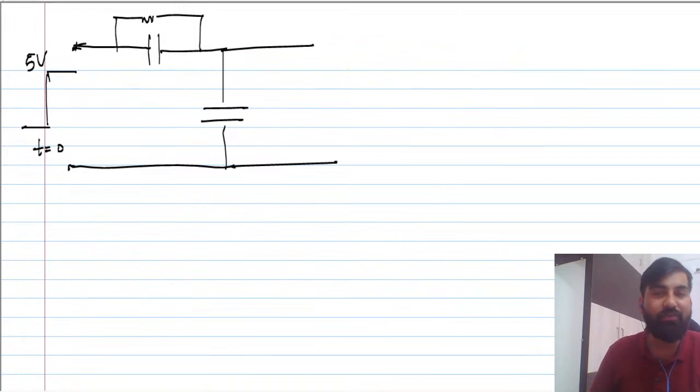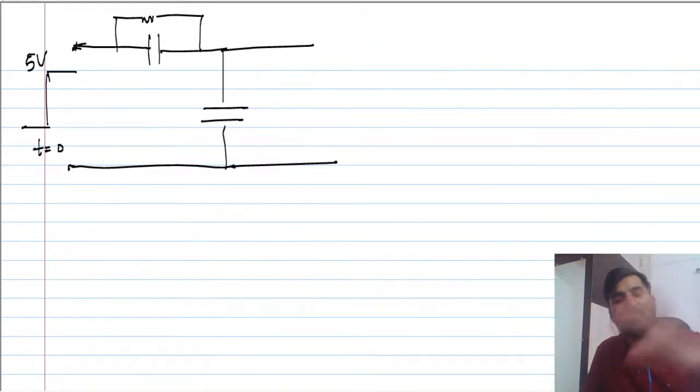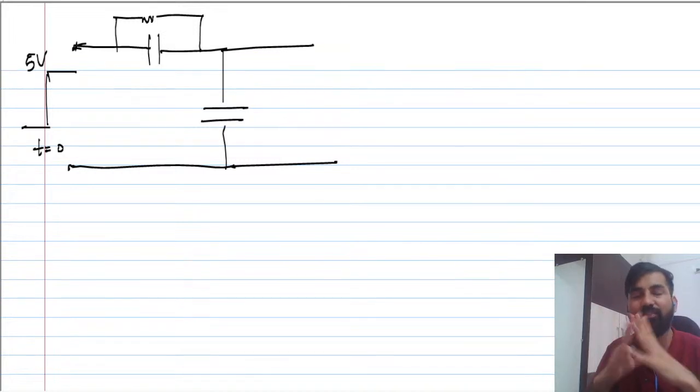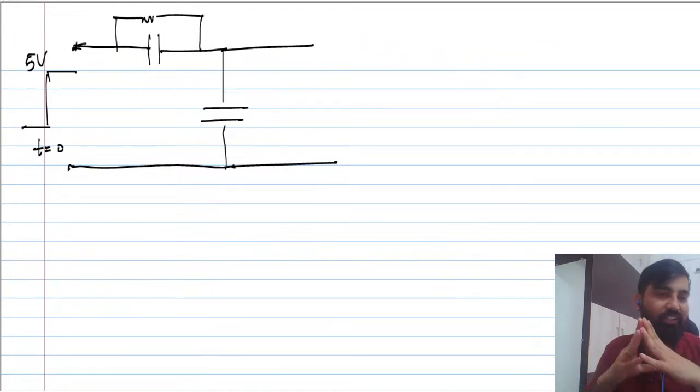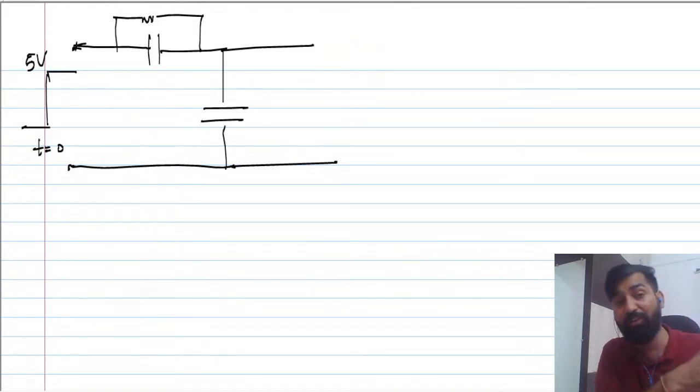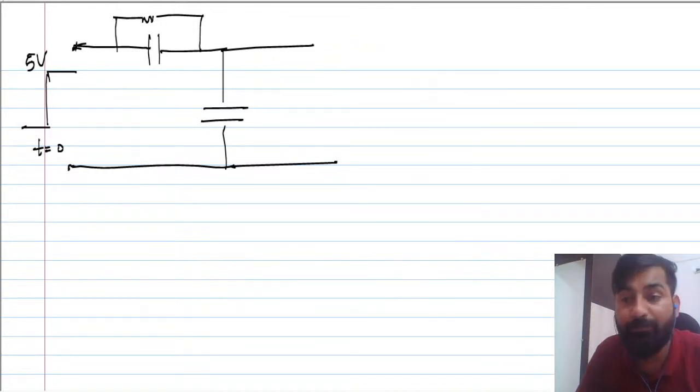Initially all the capacitors are not charged, they are discharged, at rest. Now you are giving input to this circuit. Can we replace the capacitor by a short circuit at t equal to 0, the moment you apply the input?